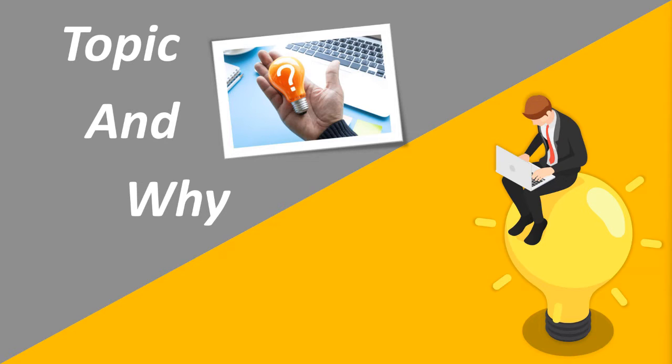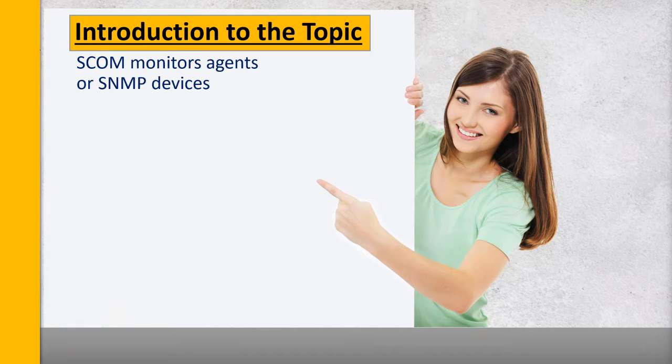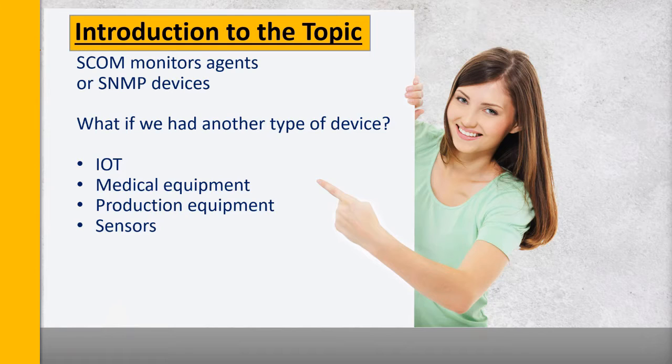So let me introduce you to how and why I selected this topic to talk about and why this device. SCOM can talk to agents or SNMP devices, and this is not always possible with some devices you might be interested in though. So some examples are IoT devices, some medical equipment, sensors, production equipment, and so on.